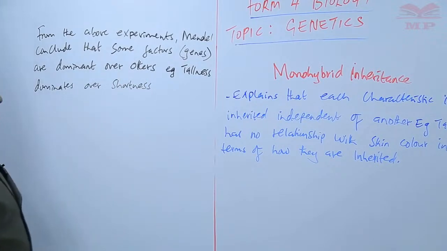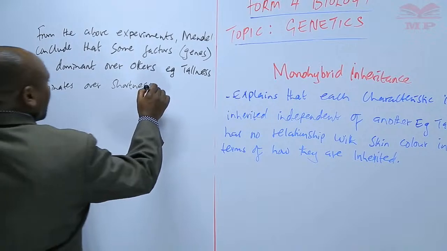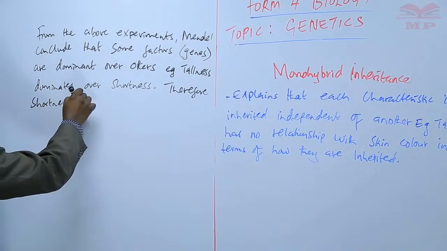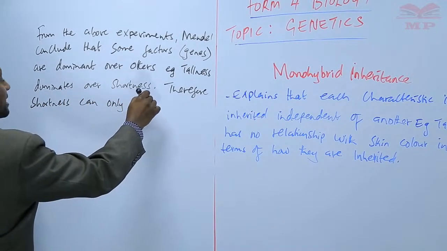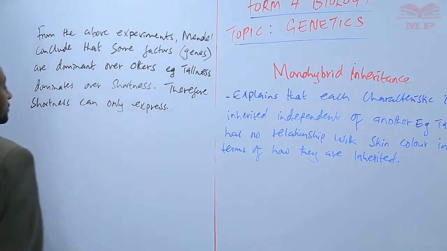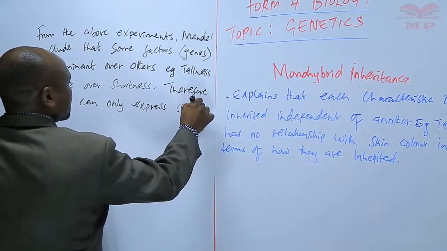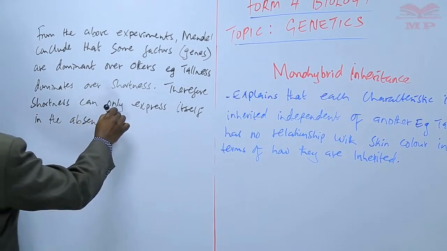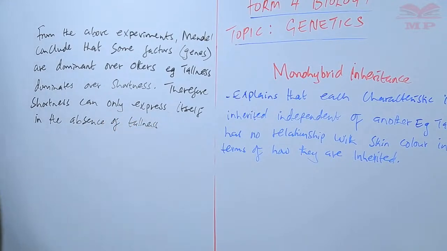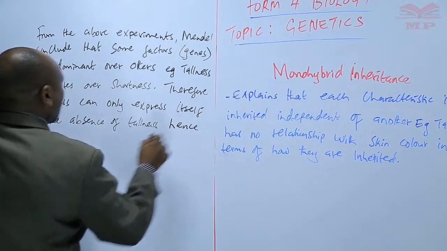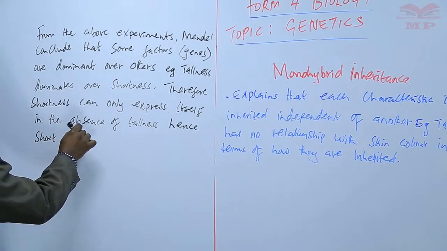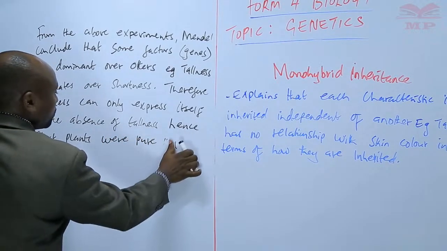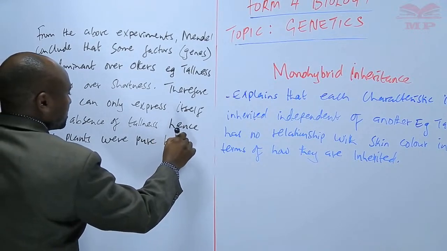And therefore, shortness can only express itself in the absence of tallness. Hence, short plants were pure breeds.